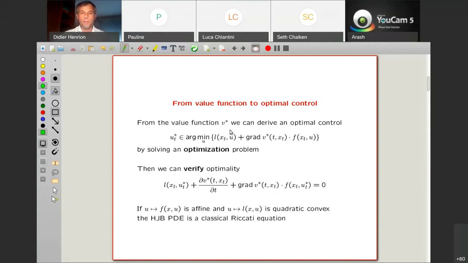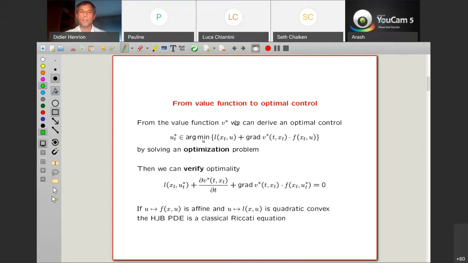We can also, thanks to the value function, verify optimality of a given trajectory and given control law via this equation here. And if you're familiar with optimal control theory, you may have recognized that this structure becomes something which is rather easy to solve using numerical linear algebra.